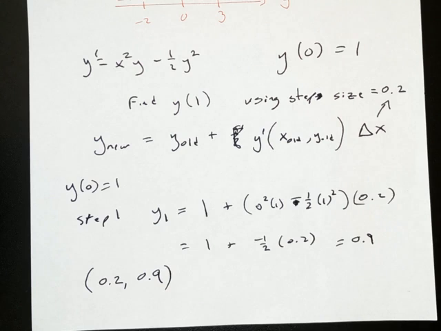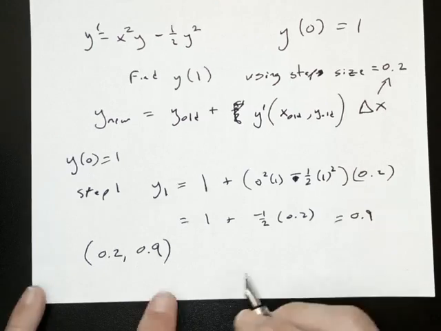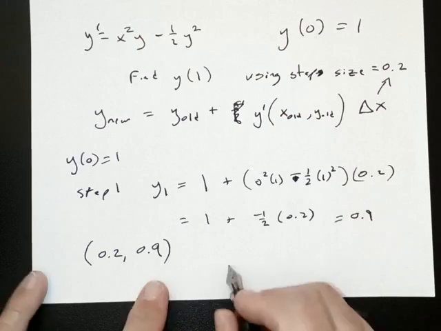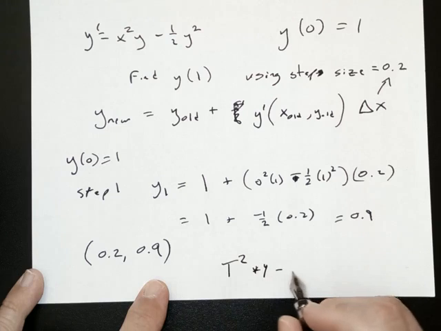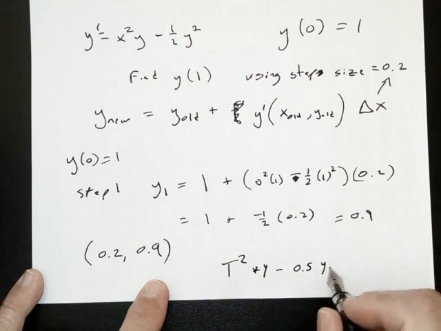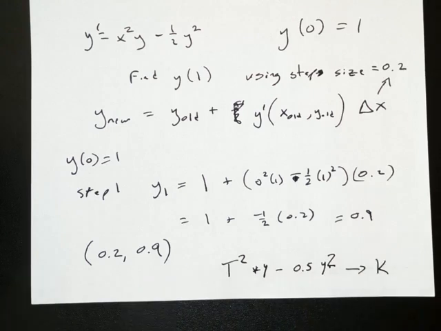The other thing you can do is you can edit the program we were looking at, in which case I'm going to use t instead of x. And I would write t squared times y minus 0.5 y squared is k.